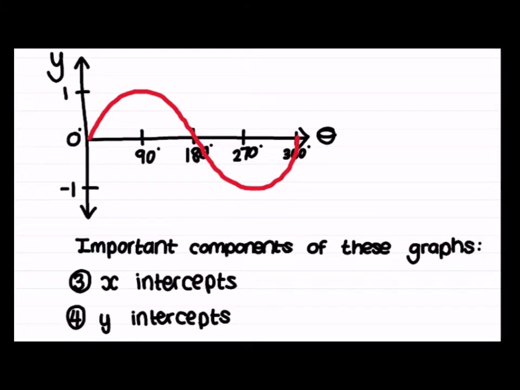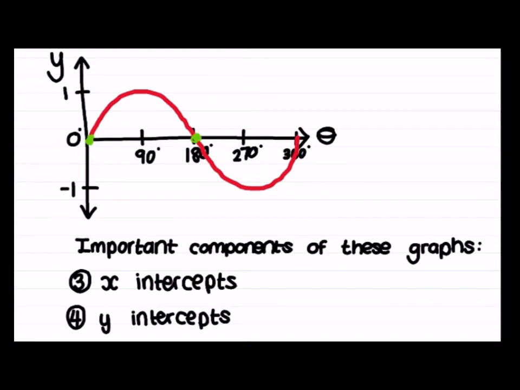The next two components we can read from a graph such as this are the x-intercepts and the y-intercepts. This is the same as usual, it's the same as you always do in the Cartesian plane. You simply read off the points where the graph intercepts the x-axis and the y-axis, or the theta-axis and the y-axis in this case. So for the x-intercepts, we can see it intercepts here at the 0 point, it intercepts again at the 180 degree point, and again at the 360 degree point.